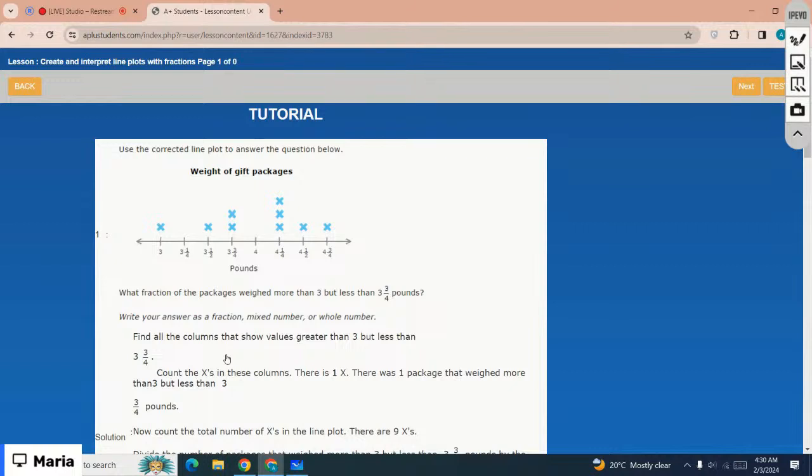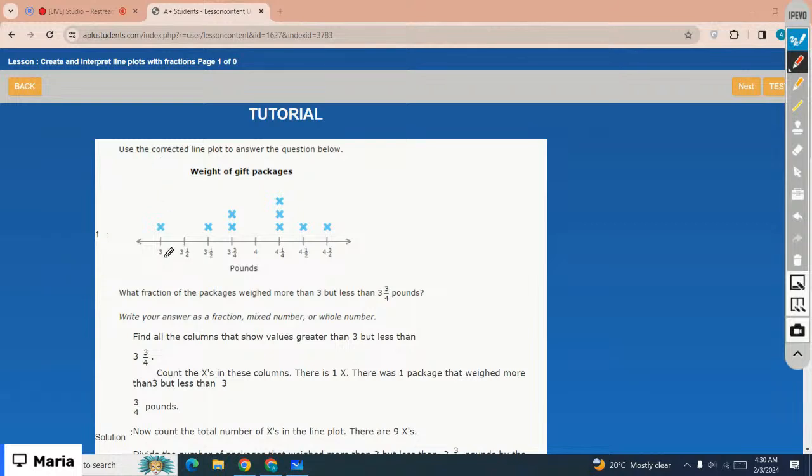Use the corrected line plot to answer the question below. What fraction of the packages weighed more than 3 but less than 3 whole 3 by 4 pounds, right? Okay, more than 3, here is 3, and less than 3 whole 3 by 4, right?